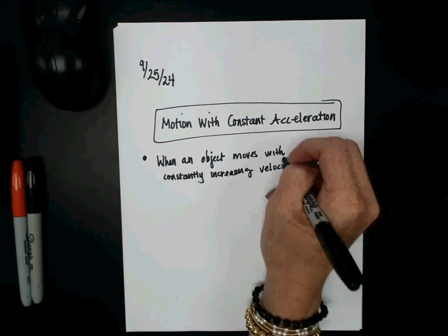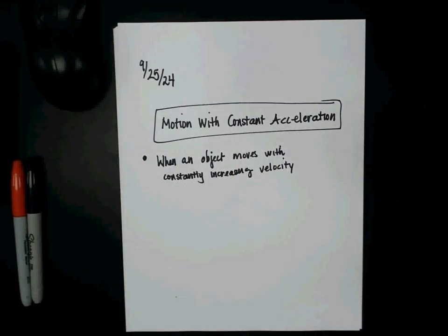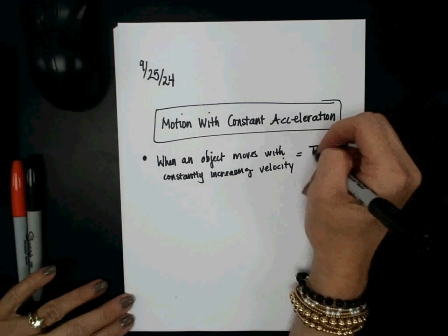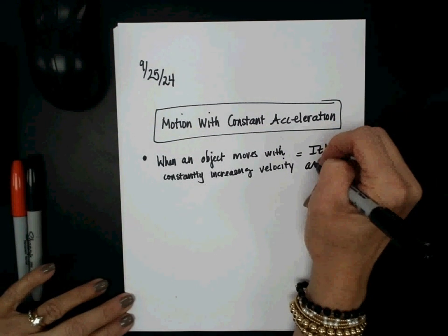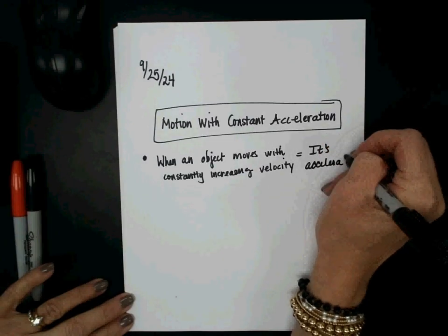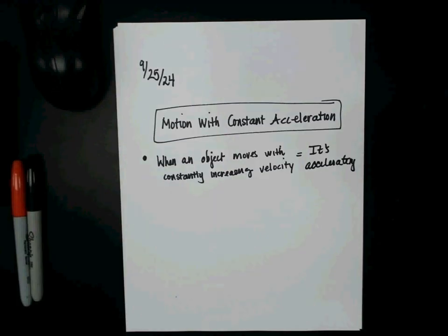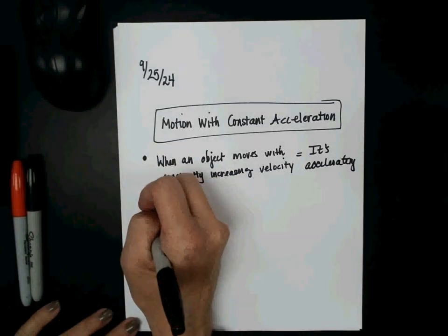If I have an object that's moving with constantly increasing velocity, what has to be true about that object? Yes. That tells me it's accelerating. So if you're given words or a description of something, you need to think about that. Then let's think about this.